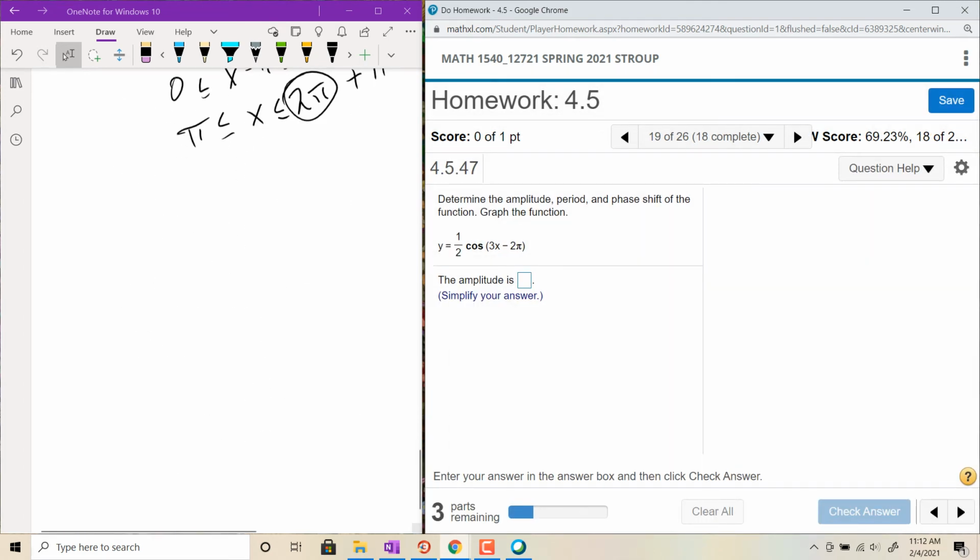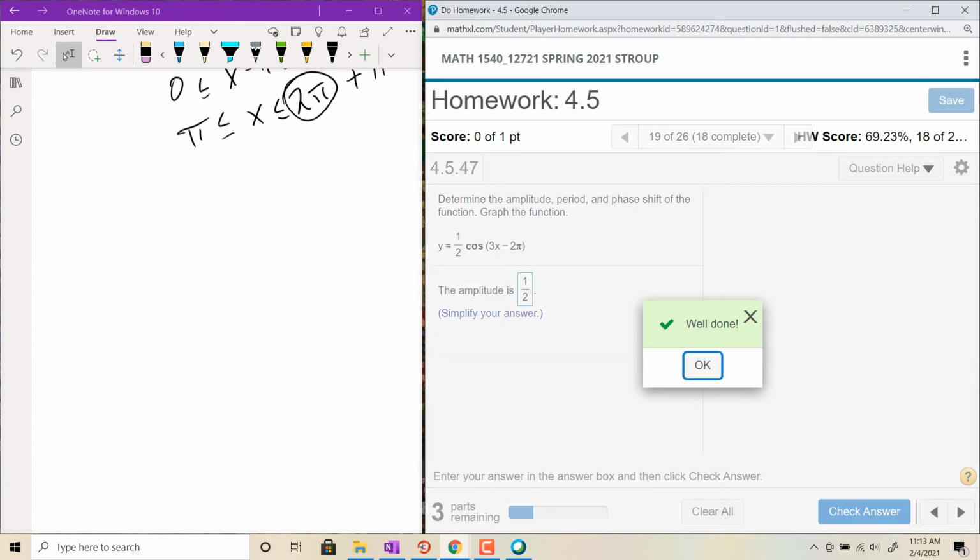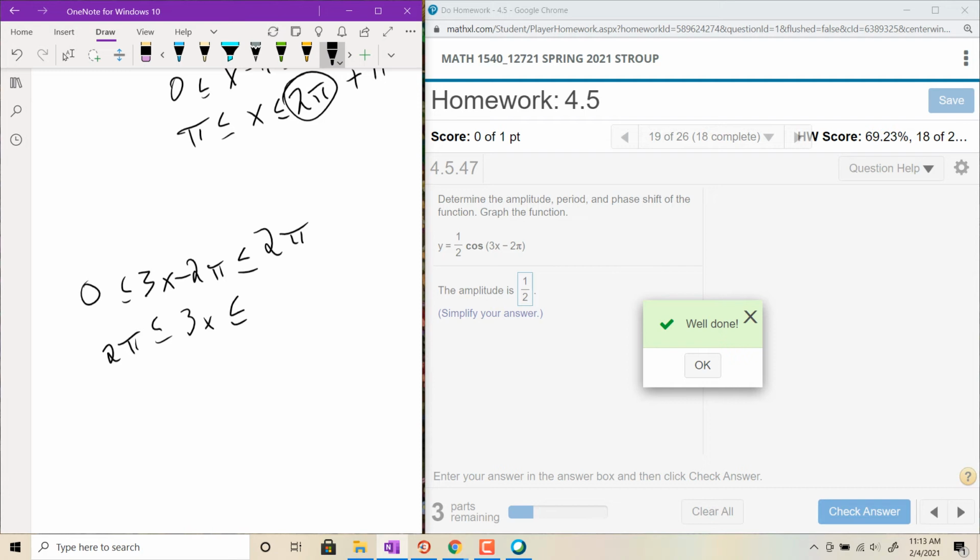Okay, this one, of course the amplitude is 1/2. And then we need to work a little bit with the period and stuff. Add the 2 pi, so start working on the phase shift as well. Divide everything by 3. Phase shift 2 pi over 3.